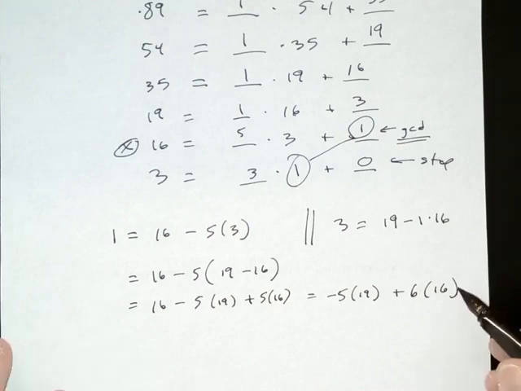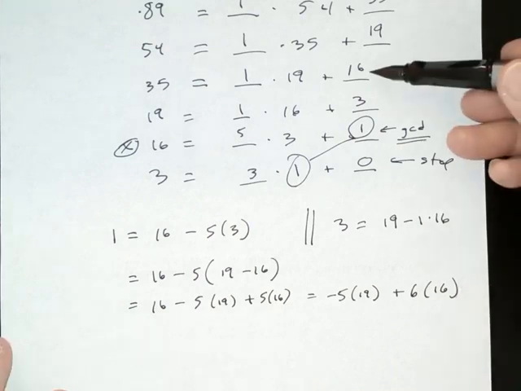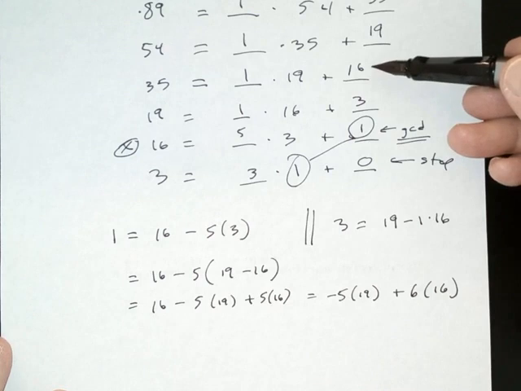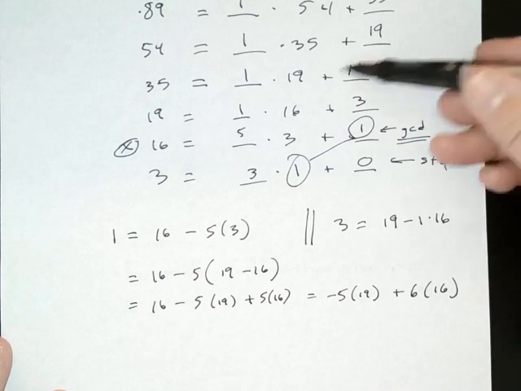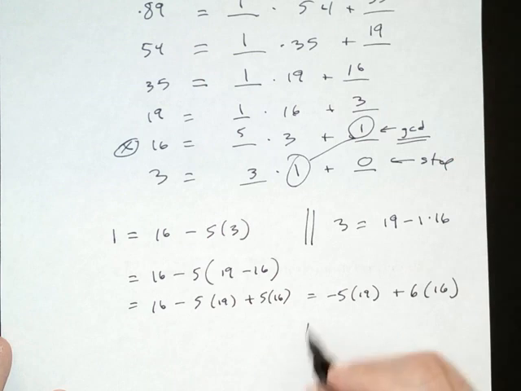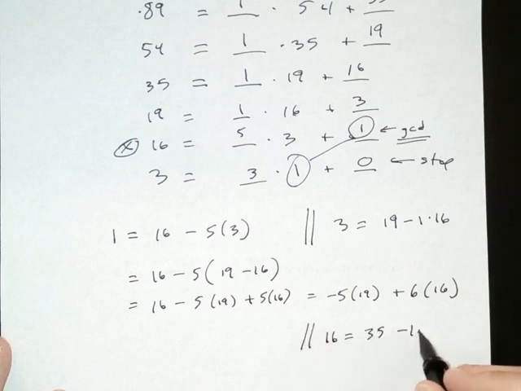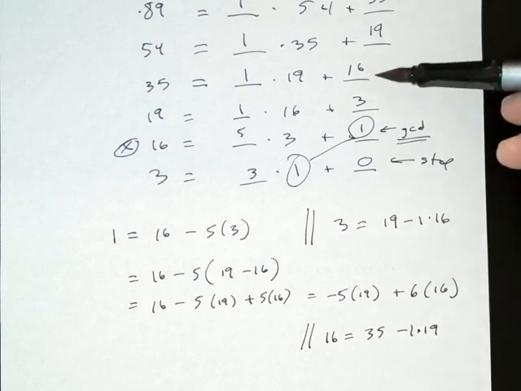But 16 is the remainder in the line above that. So let's rewrite that line to get 16 all alone. Sixteen is 35 minus 19. That's what this line right here says.